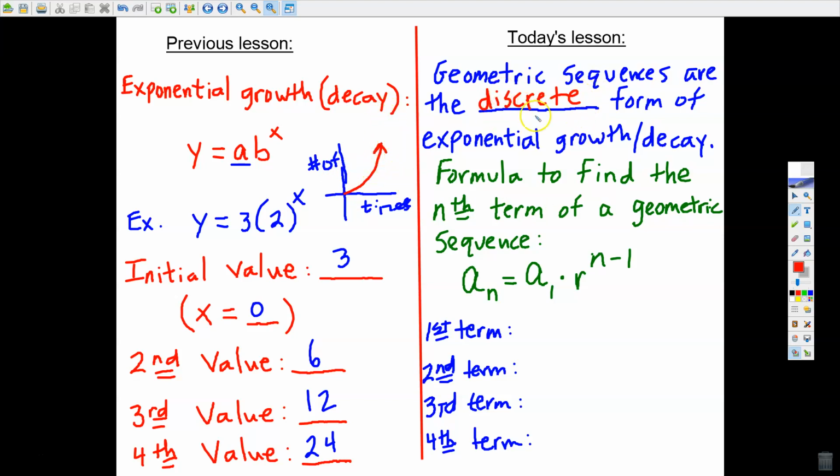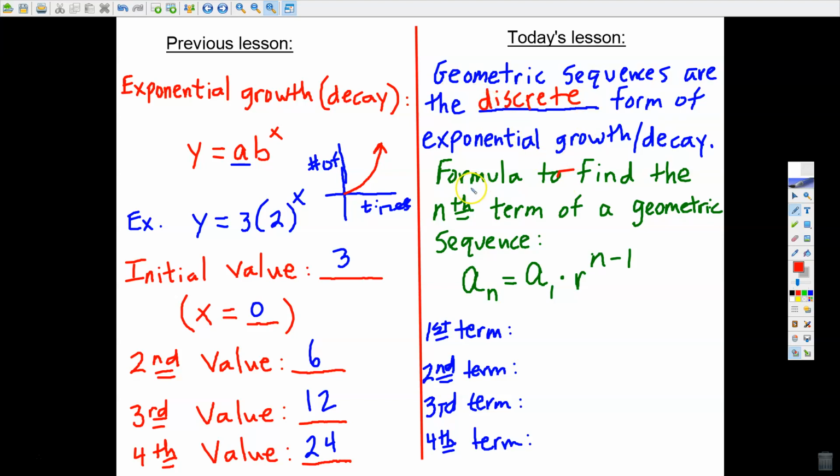And the reason why it's discrete is because with geometric sequences, we're interested in finding out a certain term in the list, like the first term or the fifth term or the 12th term. It doesn't make sense to look for the 11.5 term. All of the terms are just going to be non-decimal, non-fraction inputs.